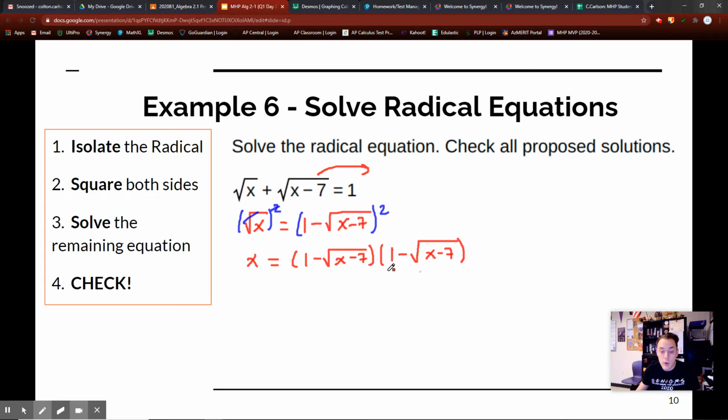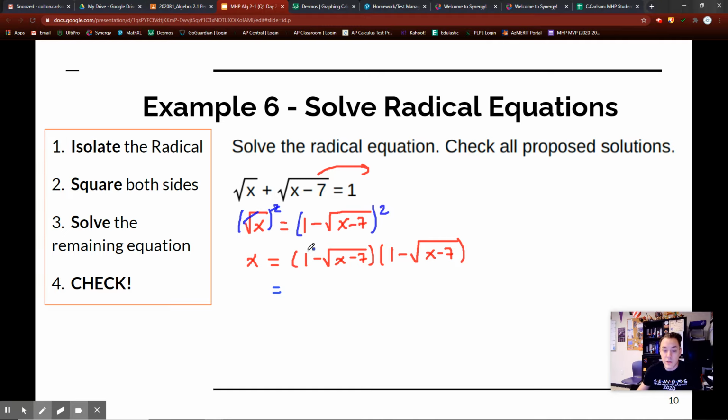So you get this whole monstrosity, and yes, you do have to FOIL it out, which is what makes this one so difficult. So again, I'm going to reiterate what we did: when we had two radicals, I have to take one of them and subtract it over to the other side. I have to be able to separate them so that when I square, I can actually eliminate certain things. I'm going to show you what that means in a little bit.